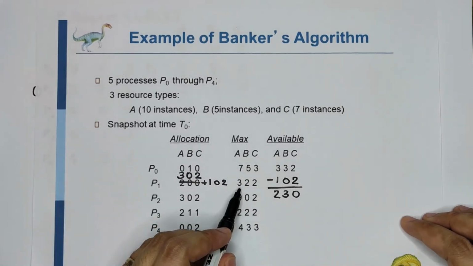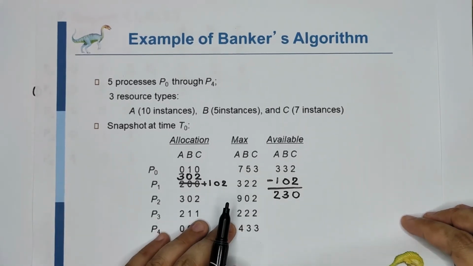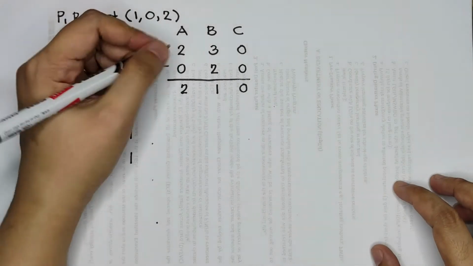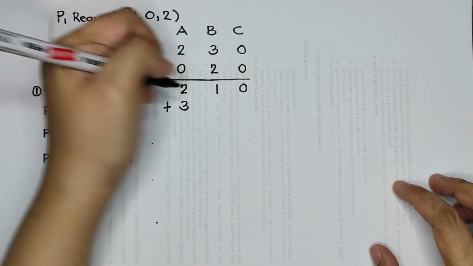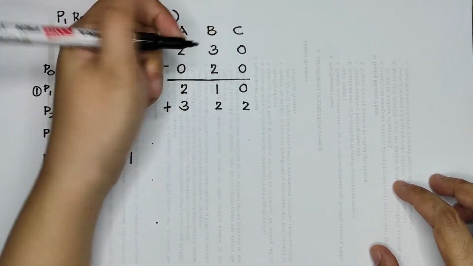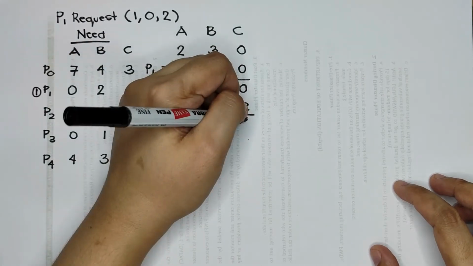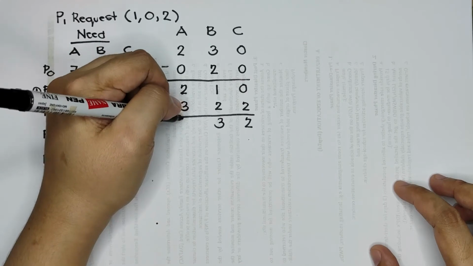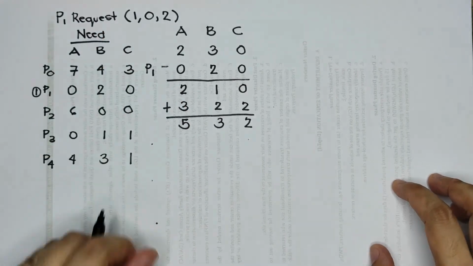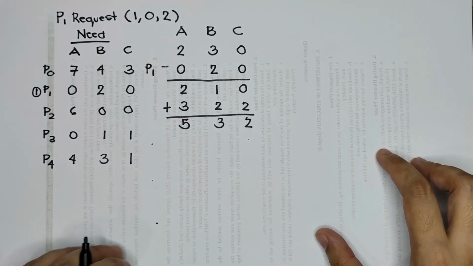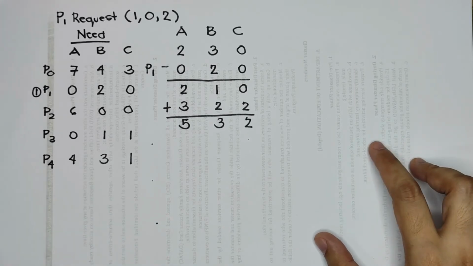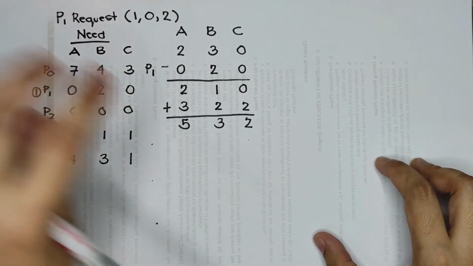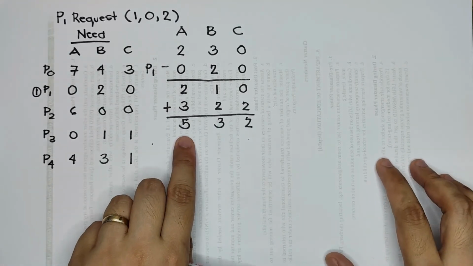Return its maximum resource value. So, we have 3, 2, 2. So, plus 3, 2, 2. We have 2 plus 3 is 5. 1 plus 2 is 3. 0 plus 2 is 2. We have 5, 3, 2. Okay. So, our available is already 5, 3, 2.